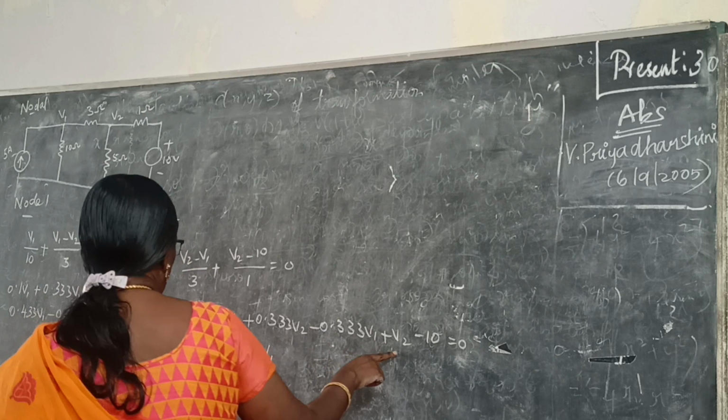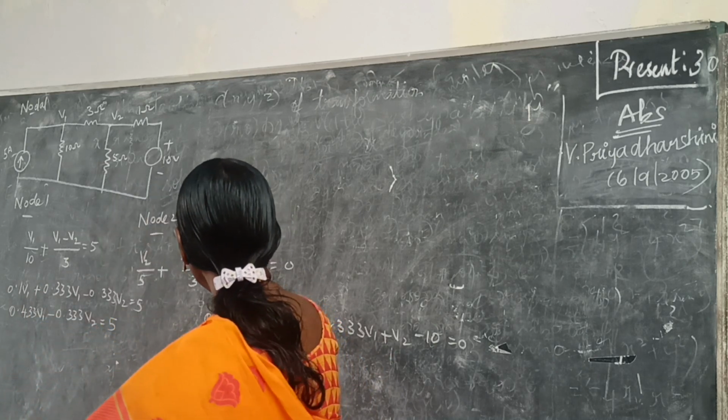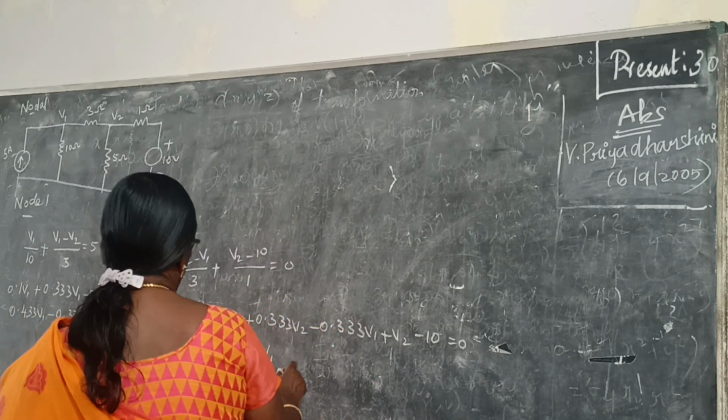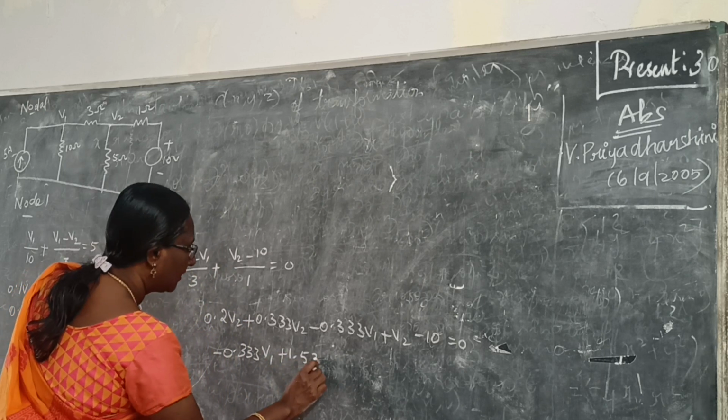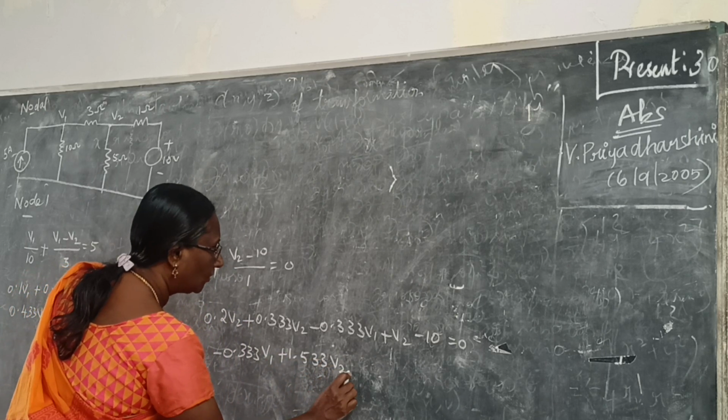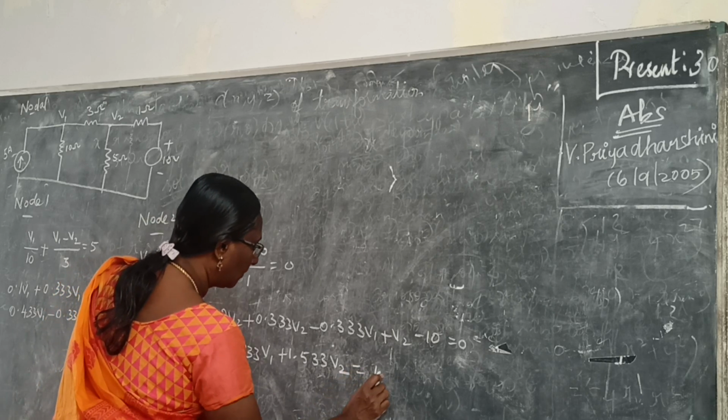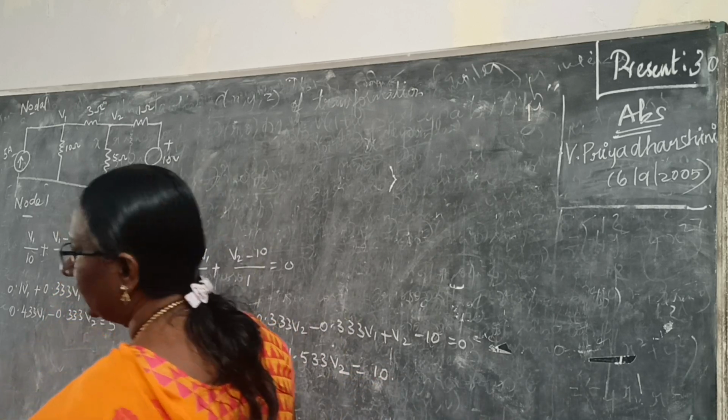What about V2? 1 plus 0.2 plus 0.333, whatever. 1.533 V2 minus 0.333 V1 is equal to 10.